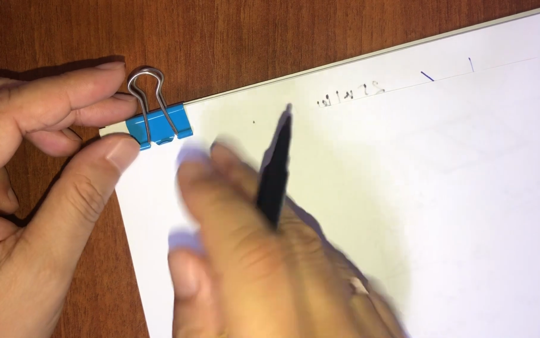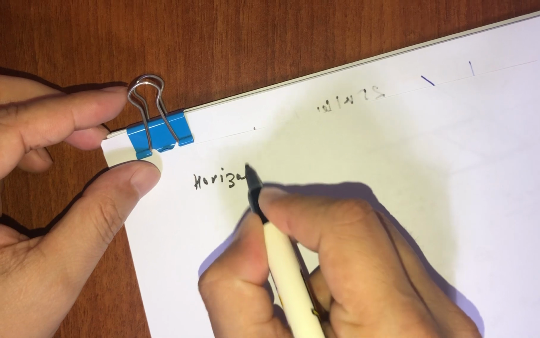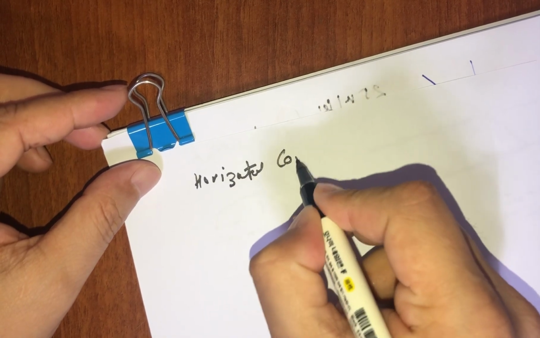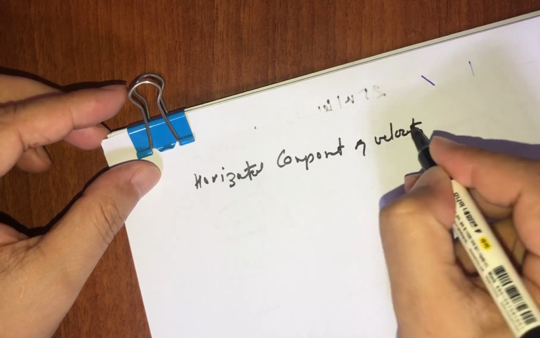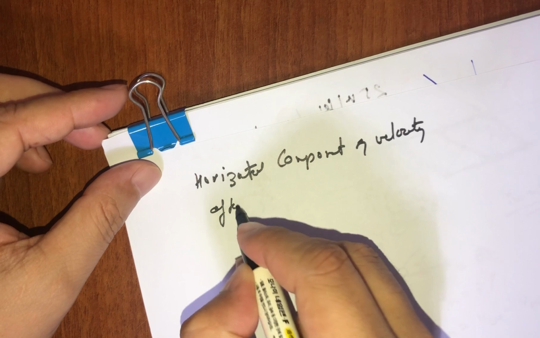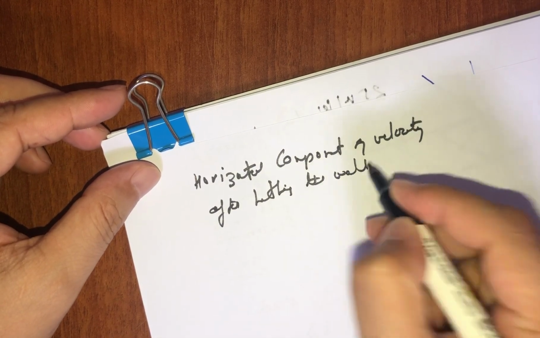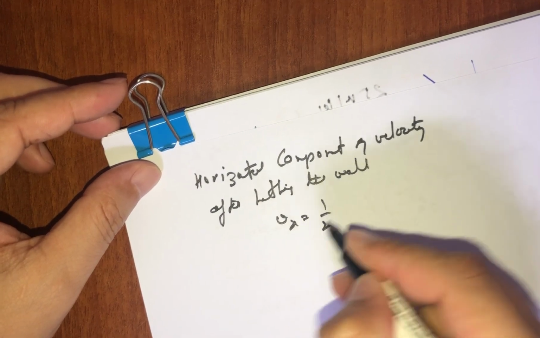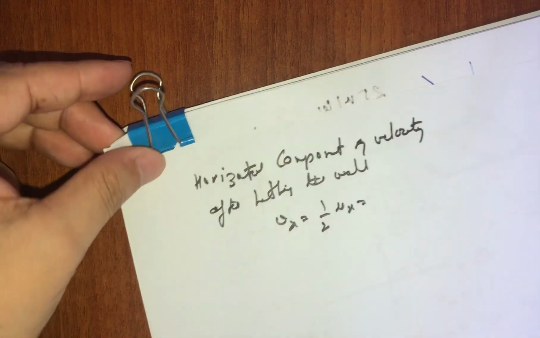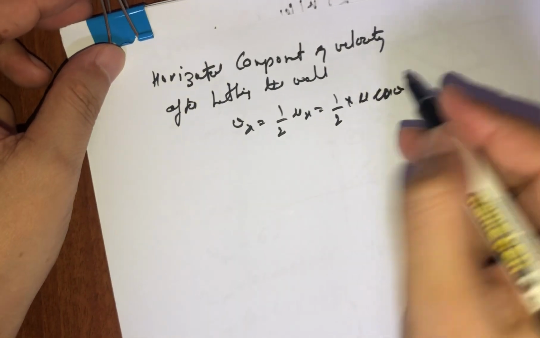So we can say the horizontal component of velocity after hitting the wall, let us call this Vx, is equal to half of Ux, that is half of u cos of theta.